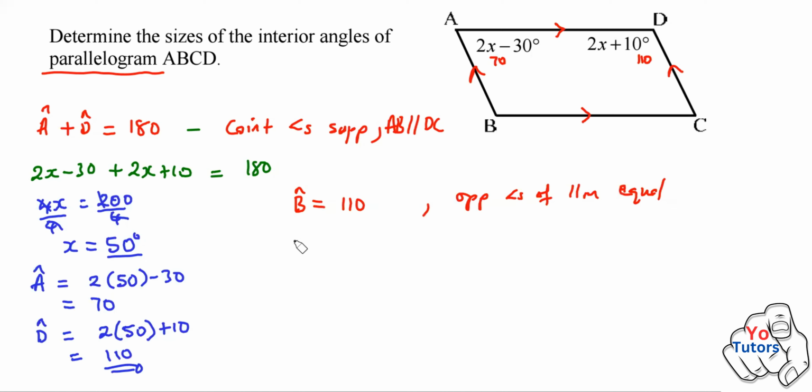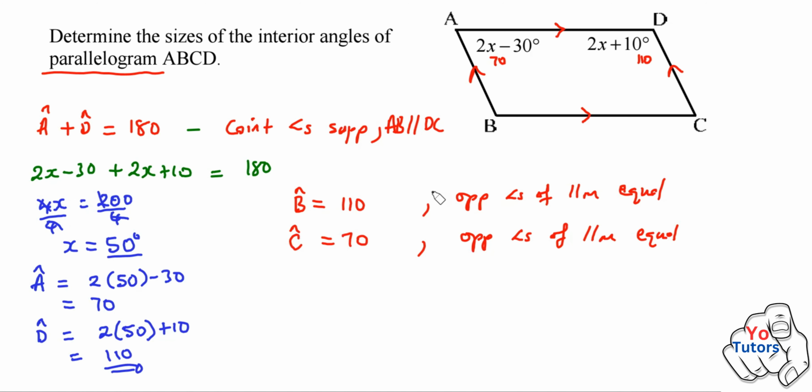Then what else can we say? We can also say C is equal to 70. Why? Opposite angles of a parallelogram are equal. So we have found everything and we are able to proceed.